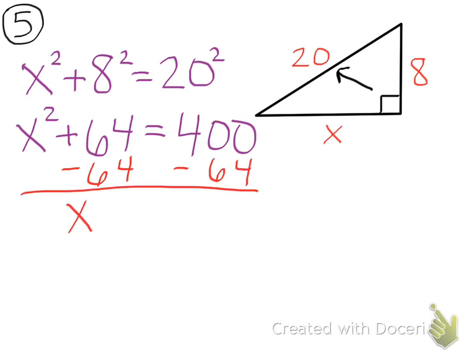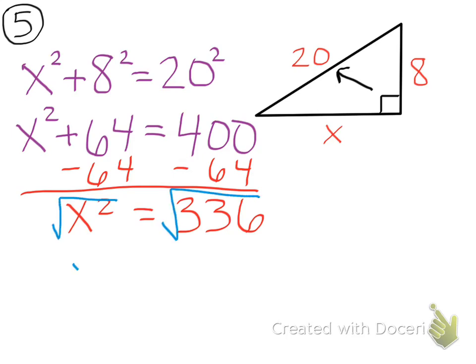And we have x squared is equal to 400 minus 64 is 336. And then just like before, the way that we get rid of the squared is we take the square root on both sides. So then x is equal to the square root of 336, which is going to be a decimal again. So 18 point, I'm going to round it to the tenths place, so 18.3.